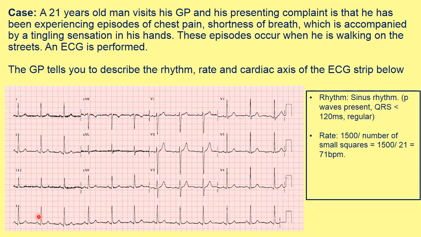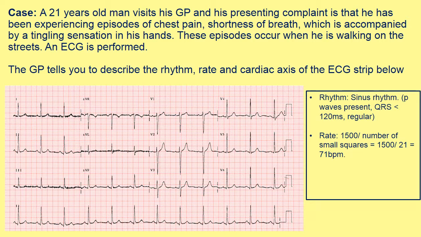If you count the number of small squares between two QRS complexes there, that will be 21. There are 21 small squares. So 1500 divided by 21 will give you 75 beats per minute. Watch my previous video on how to calculate rate when the rhythm is regular, and how to calculate rate when the rhythm is irregular.